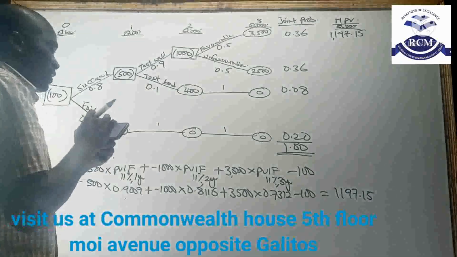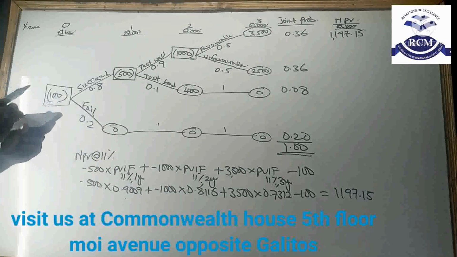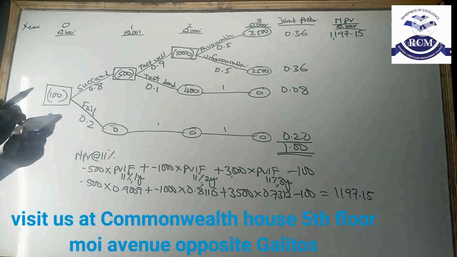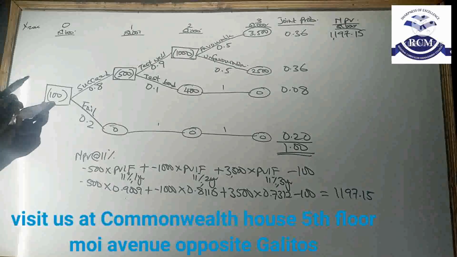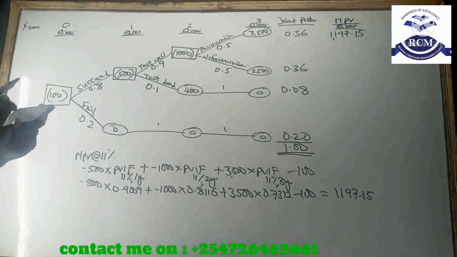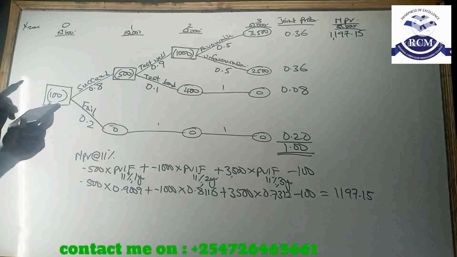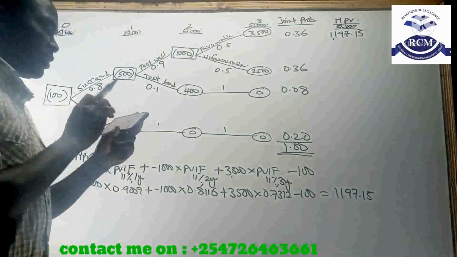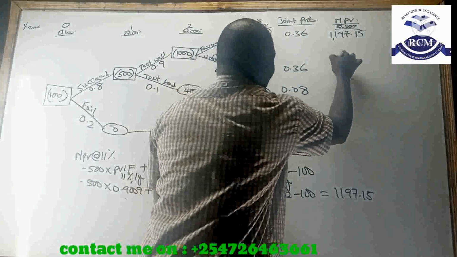Sorry, the second one is 1,000. So 1,000 times 0.8116, then you are having plus 2,500 times 0.7313. So that one equals, minus 100 that we have, we get 466.2.